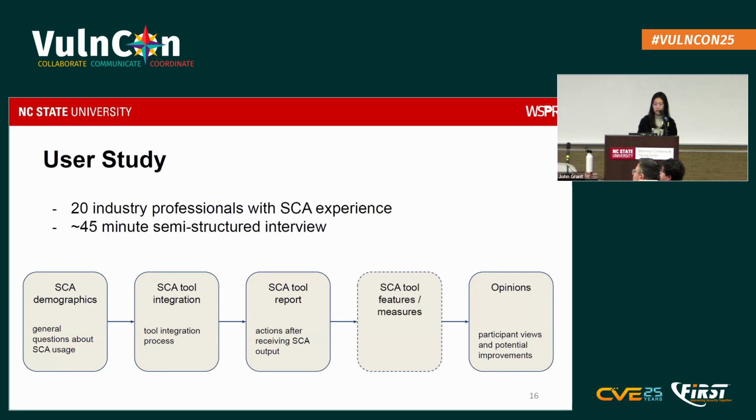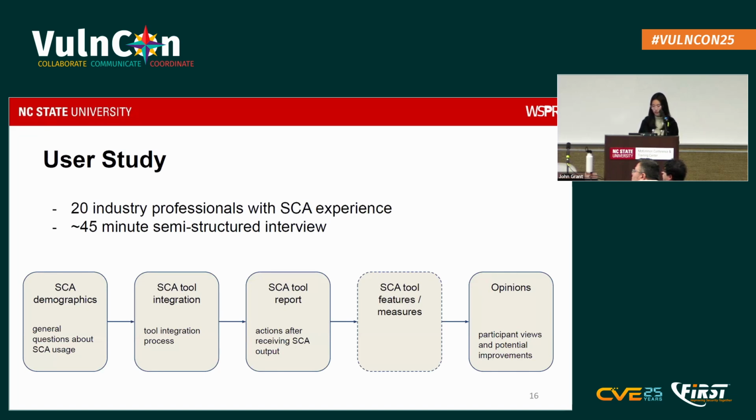So the structure is below here and largely follows our research questions. We start with a general question: how do you use the tool? And then we move on to how you integrate the tools, then what you do once you receive outputs from the tools, and then features or measures they found useful. And then finally, we asked them what their opinions or improvements they want to see.